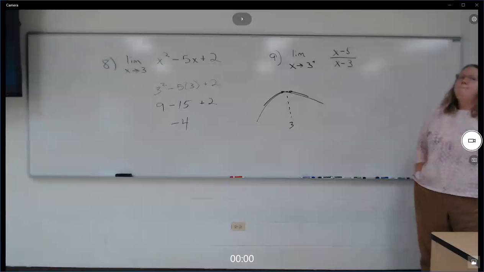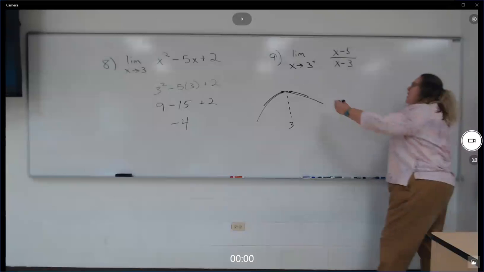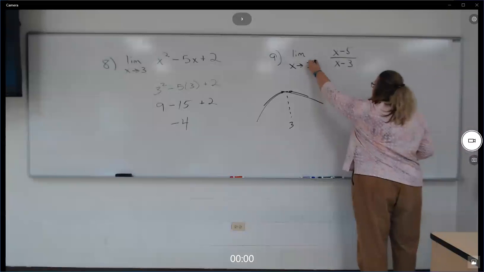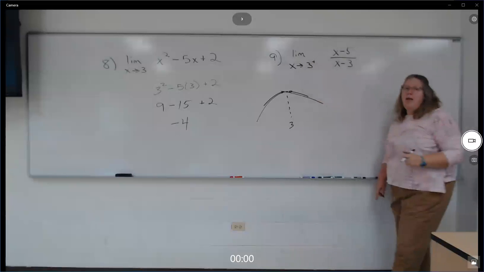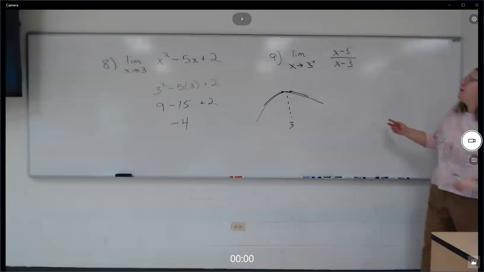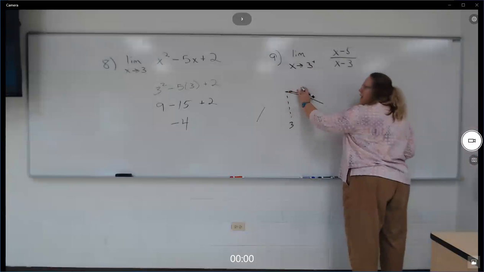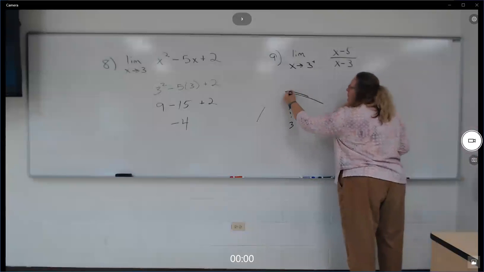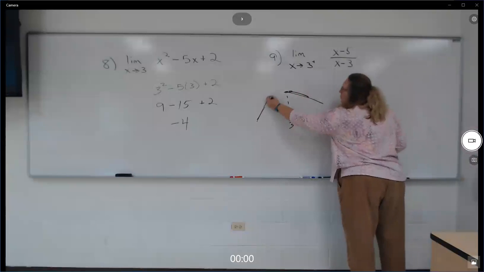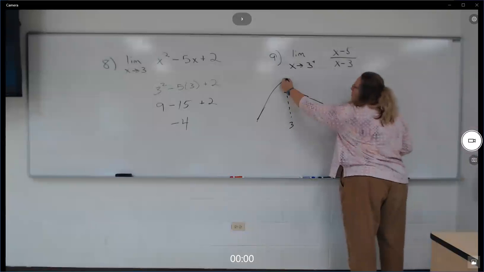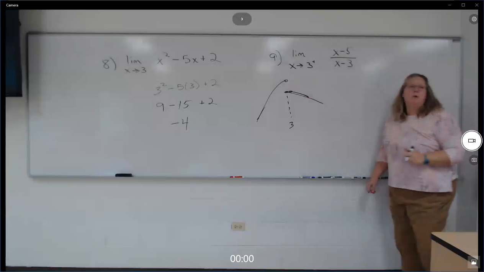But if I put a plus sign here, the plus means I only care about what's happening on the right side. If my graph goes here, but it goes up here, and again, we'll cover that more when we do 3, that's okay.